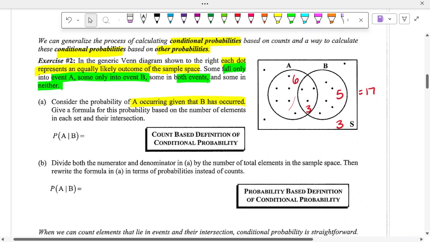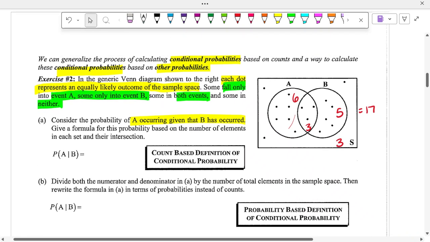Now, we already talked about that formula. On the back of your warm-up in the quick notes, I told you what the formula for conditional probability was. What was it?